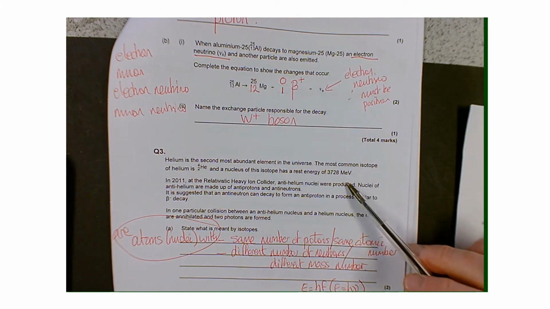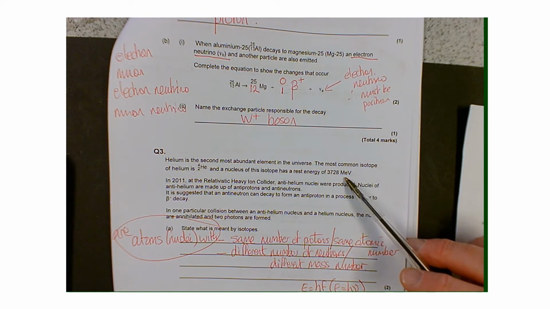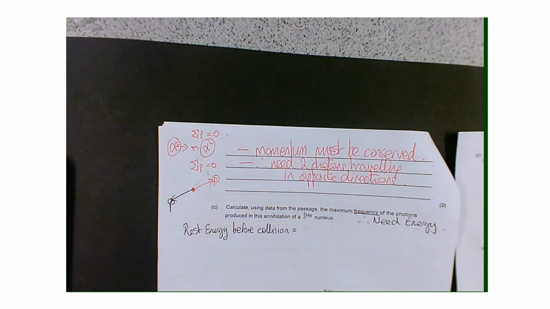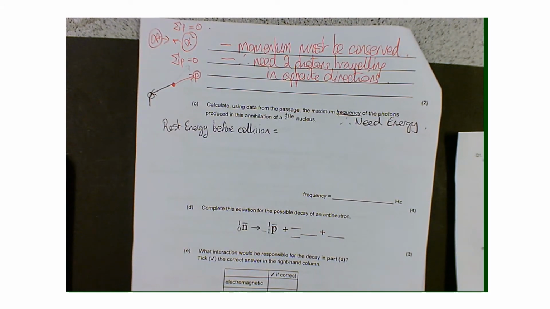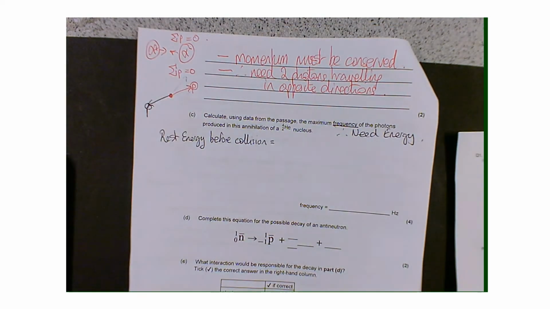So from the question, I'm told that the rest energy of the nucleus of helium is 3,728 mega electron volts. So what is the rest energy here before the collision? What's it going to be? Is energy and mass, are they vectors or scalar quantities? Is energy vector or scalar? Scalar, okay? So the fact that they're going in opposite directions isn't going to allow them to cancel out.